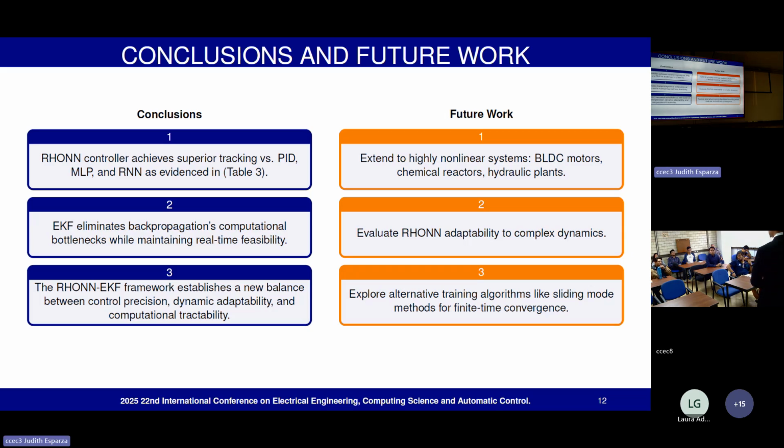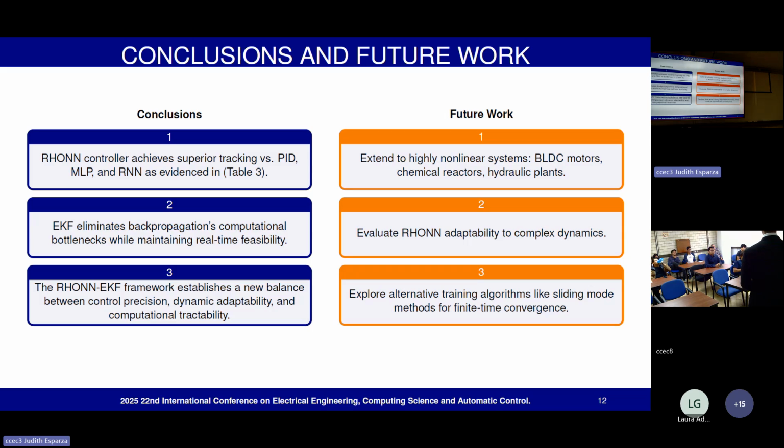Any other question? Now that you explain that you have only one neuron, you say this is real-time feasible. But when you have a nonlinear system, maybe one neuron is not going to be enough, and maybe you will even need some extra layers in your network.